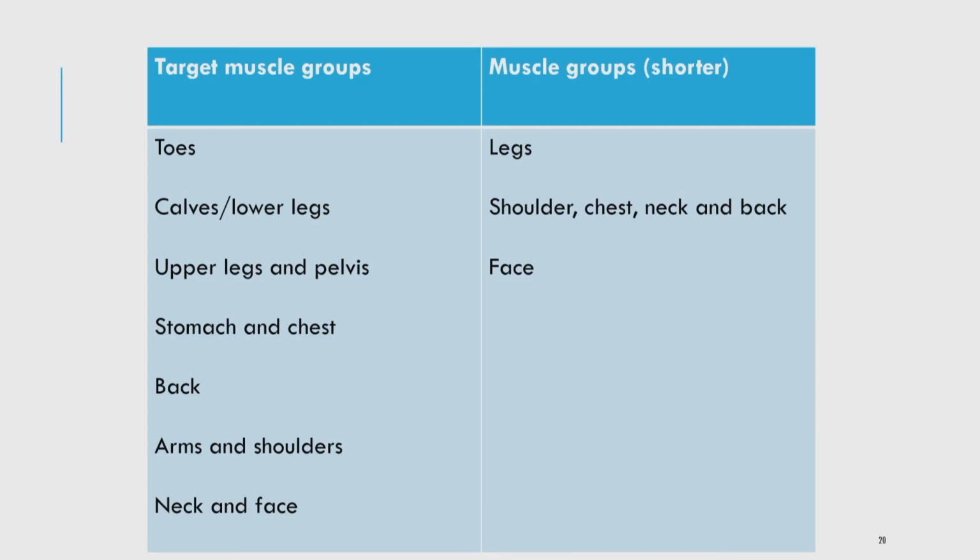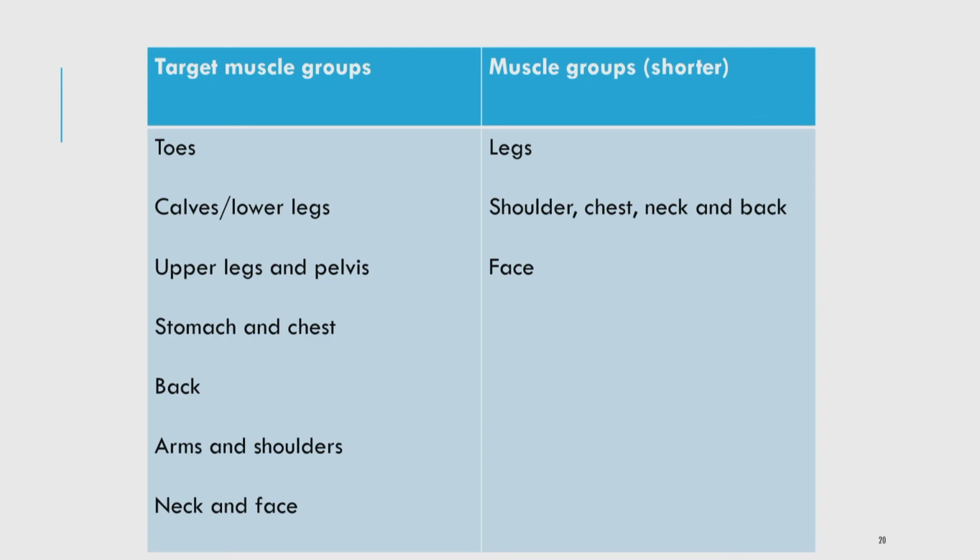Start with the feet, which includes feet and toes basically. This could be one muscle group. We can tighten this muscle group simply by curling your toes, or pressing the feet if you are sitting on the floor.